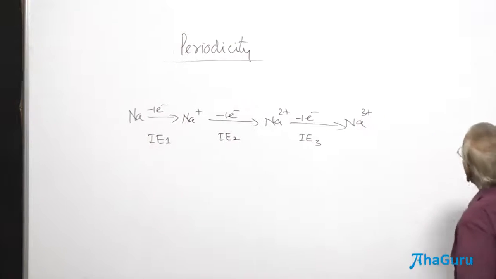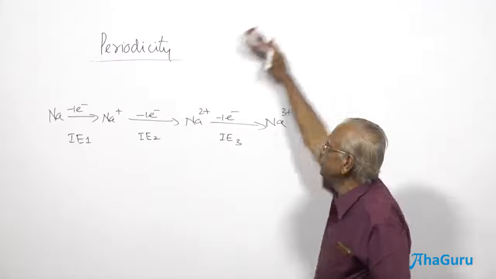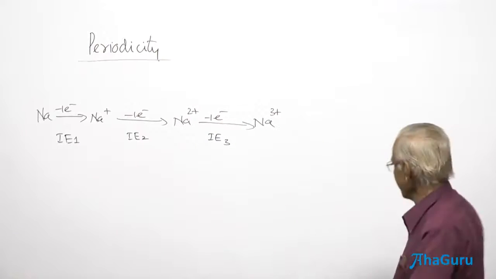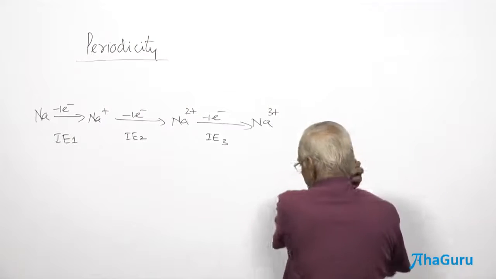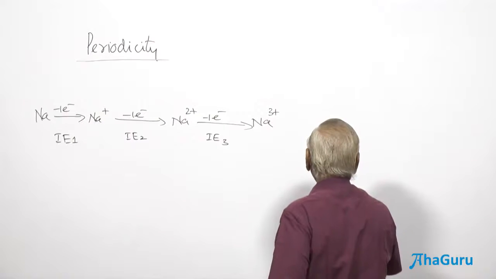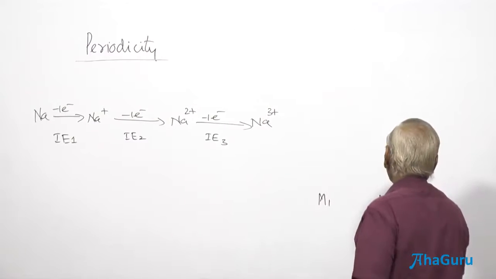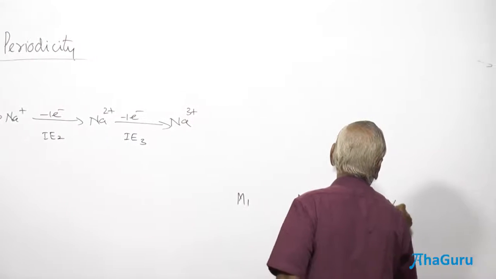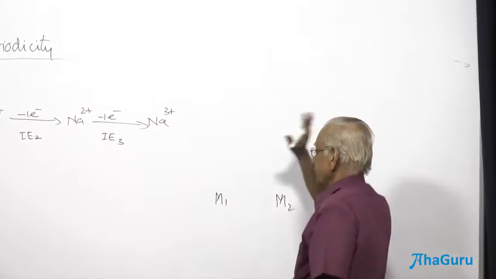Now, without explaining any further concepts here, let me go straight to the IIT question. I have a metal M1, M2, second metal, third metal, and the fourth metal, just for the sake of example.